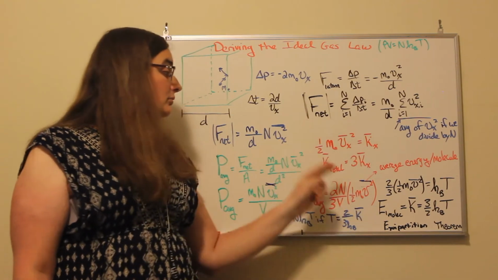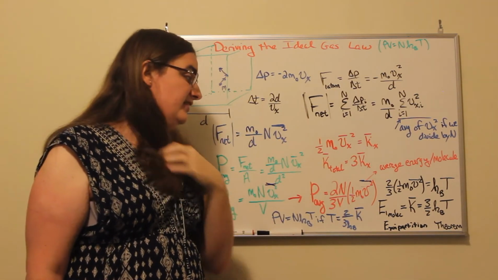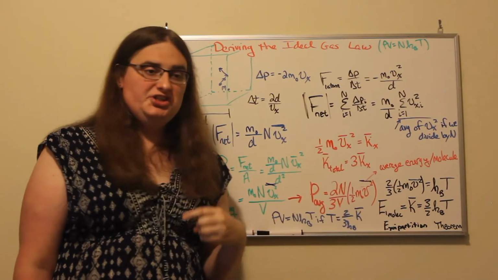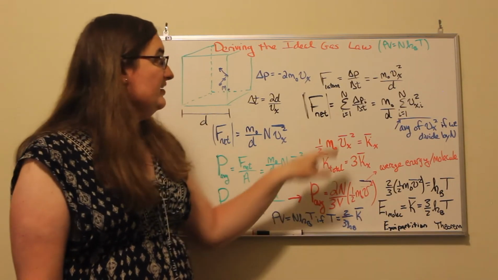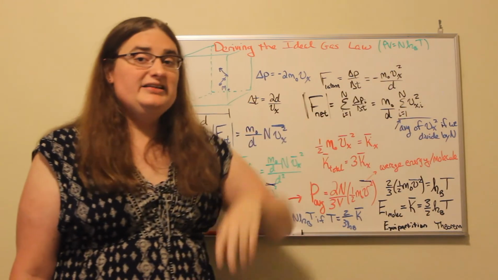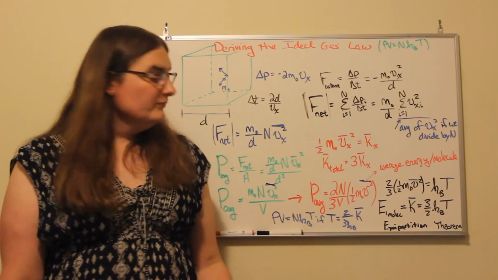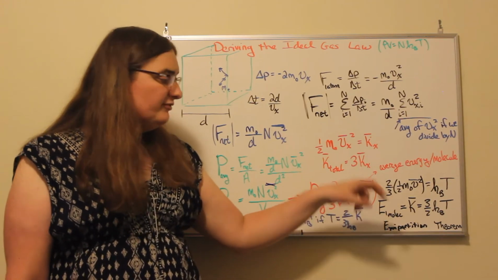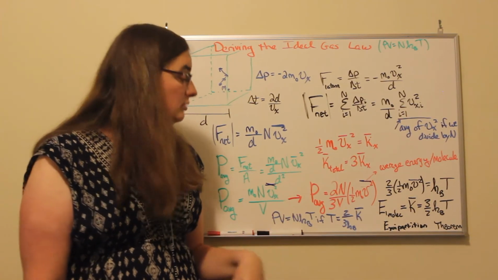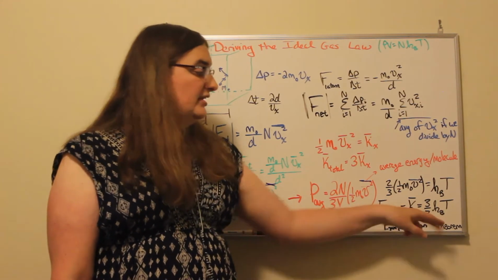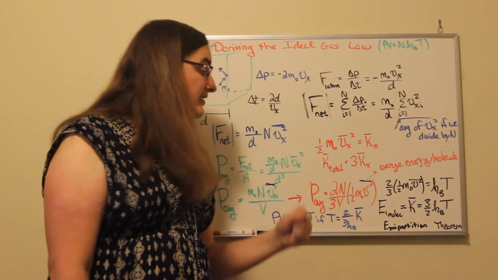So what that means then is 2/3 times my average kinetic energy as a whole would have to be equal to, according to the ideal gas law, Boltzmann's constant times the temperature. And our average energy per molecule, which is the average kinetic energy, would be 3/2 times Boltzmann's constant times the temperature.